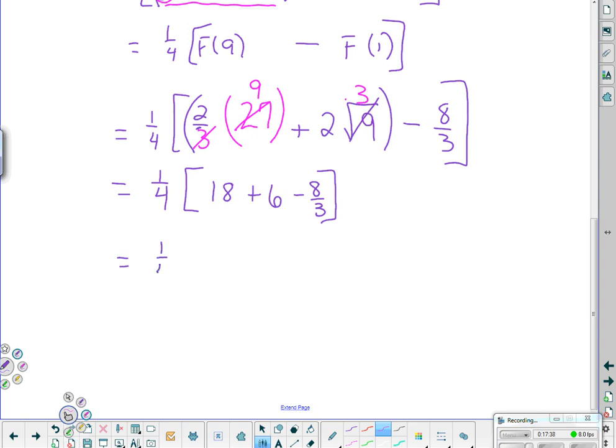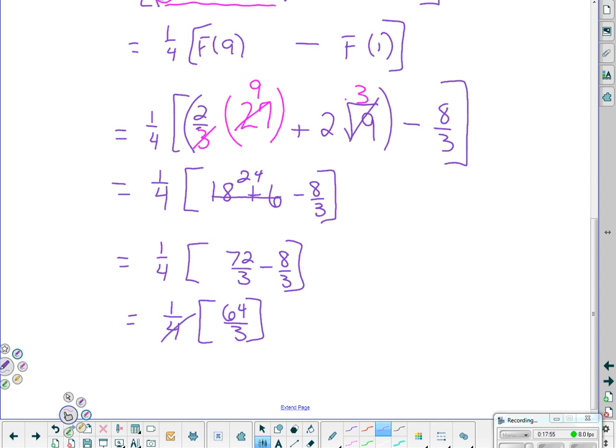We got 1/4 times 24 minus 8/3. 24 would be 72/3 minus 8/3. We're almost there. I'm so excited. 64/3. But 4 goes into 64, I would suppose, 1 time with a remainder of 2. 4 goes into 64 16 times. We're over 3. How about 16/3?